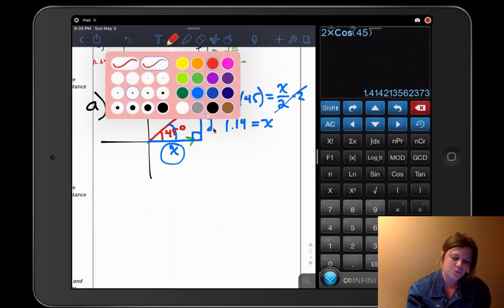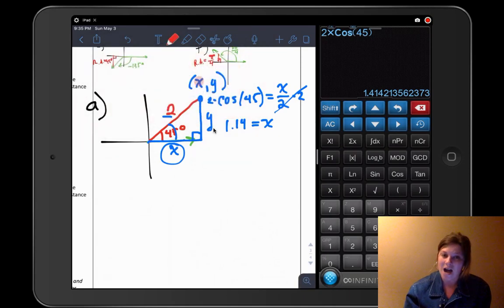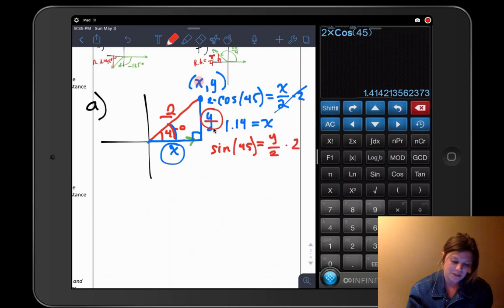I'm going to use red for the y. So the y is right here. We know that we have our angle, we have our hypotenuse, and we want to know the opposite. So that means we're going to set it up. Sine of 45 is equal to y over 2. And multiply by 2 on both sides to get the y alone.